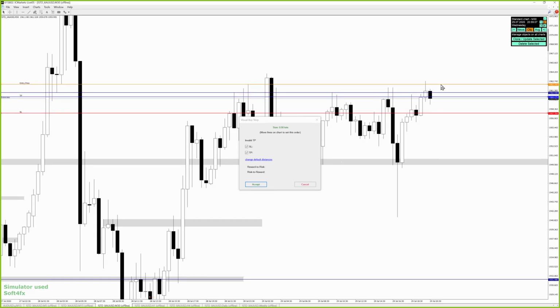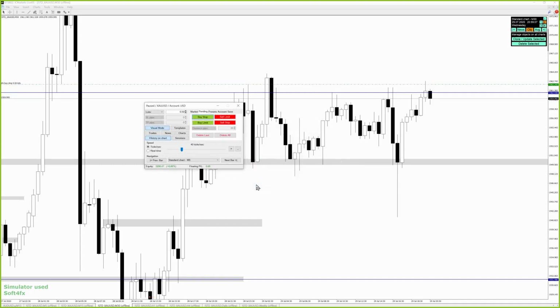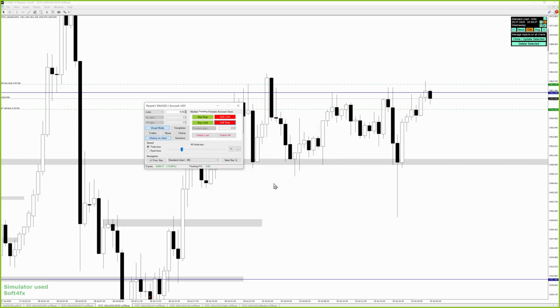So we're going to have the buy stop right here, and we're not going to have a stop loss, obviously. We're not going to have a take profit, obviously. And then we're going to have a sell stop below this candle, and that's it, right? This is exactly what we did for NFP, and this is exactly what we're going to do for FOMC over here.